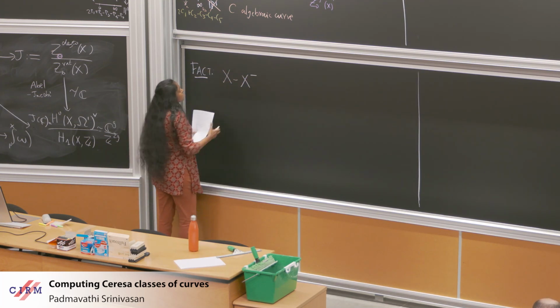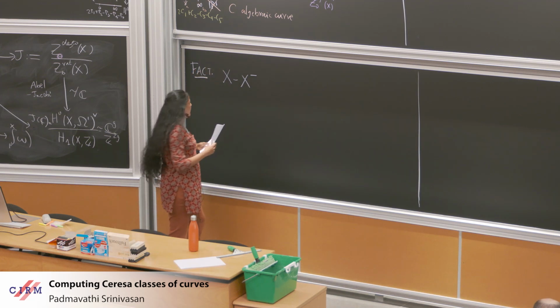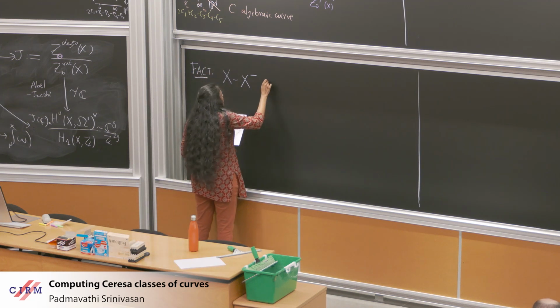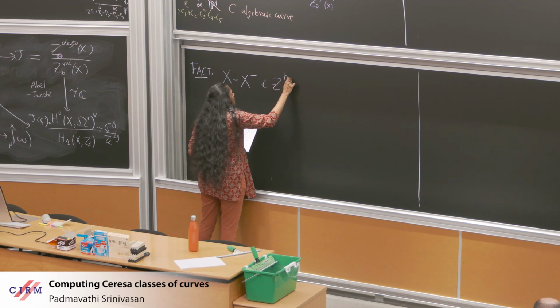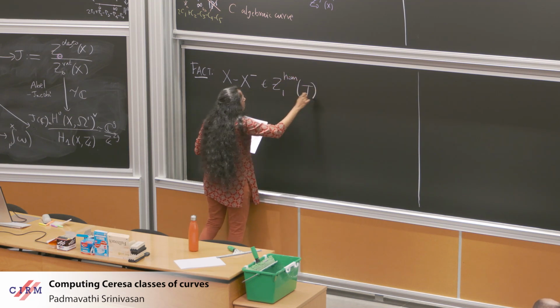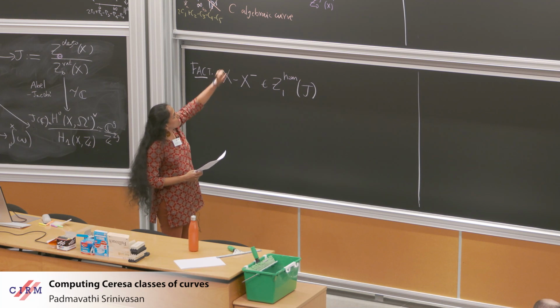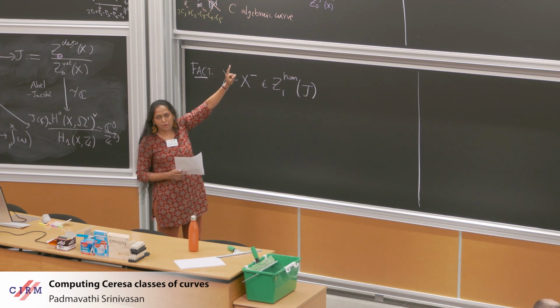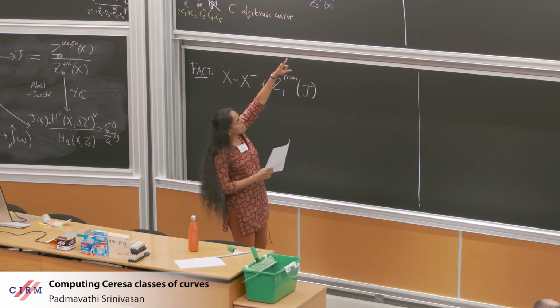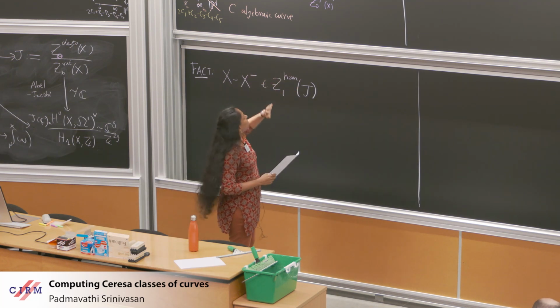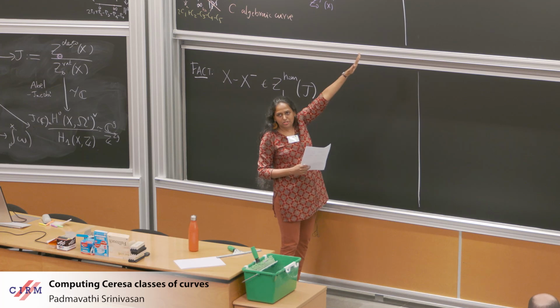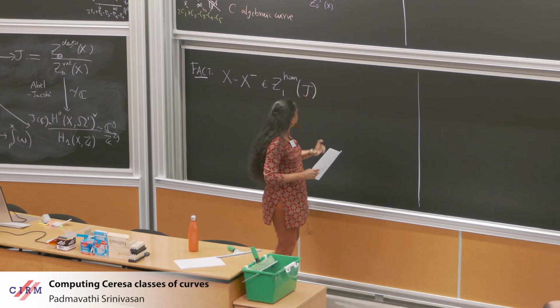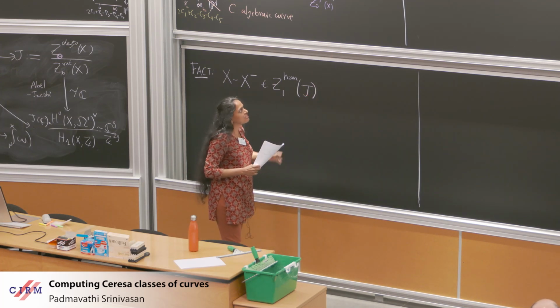So the Ceresa cycle already lives one step deeper. The reason is that x and x minus differ by pullback by -1. You can ask, what does pullback by -1 do at the level of cohomology? If you take these two cycles, push them into cohomology and ask what happens here, it turns out they don't change.